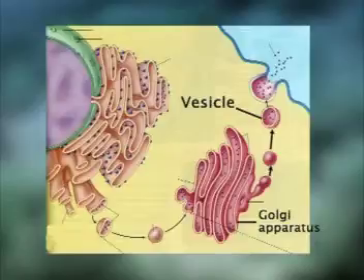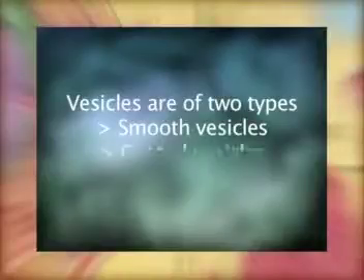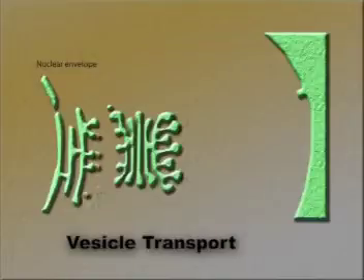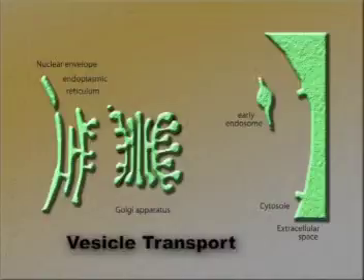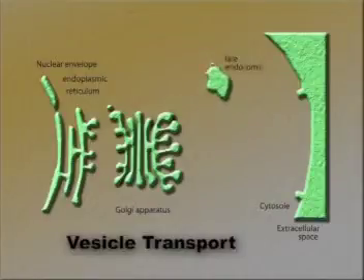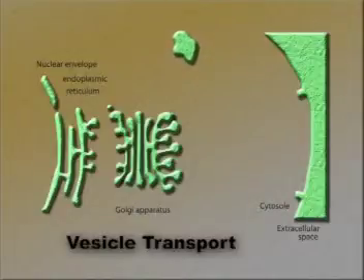These vesicles are of 2 types, smooth and coated vesicles. These vesicles bud off from the tubules within the network. On being pinched off, they pass on either to the cell membrane, throwing out their products through exocytosis, or to an intercellular region for a specific activity.